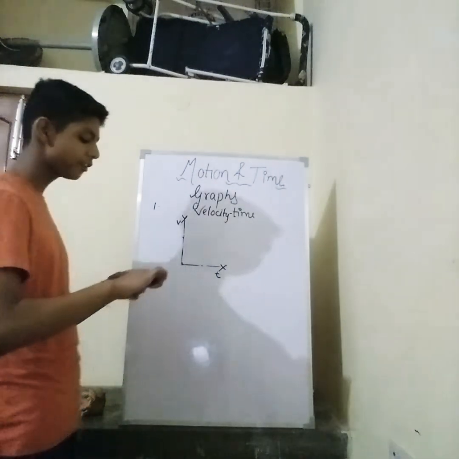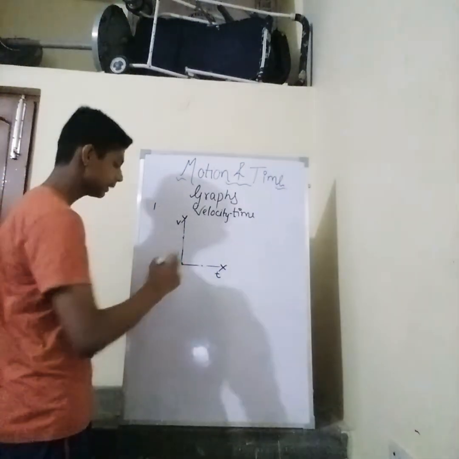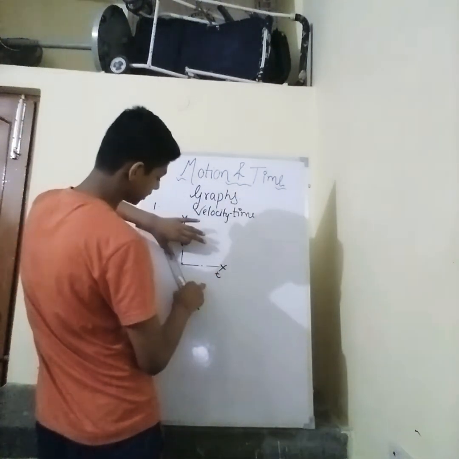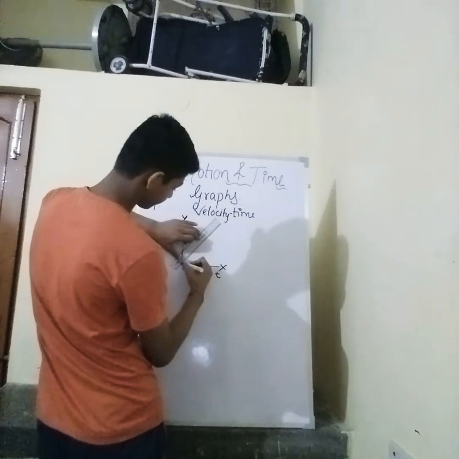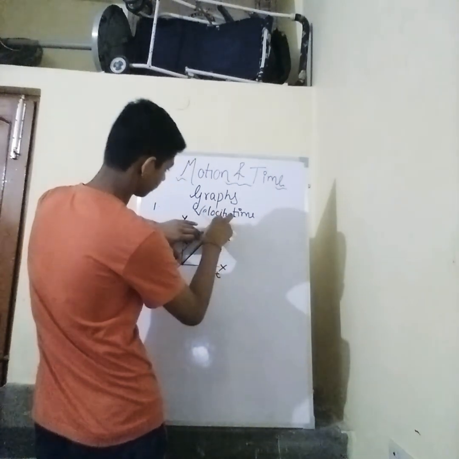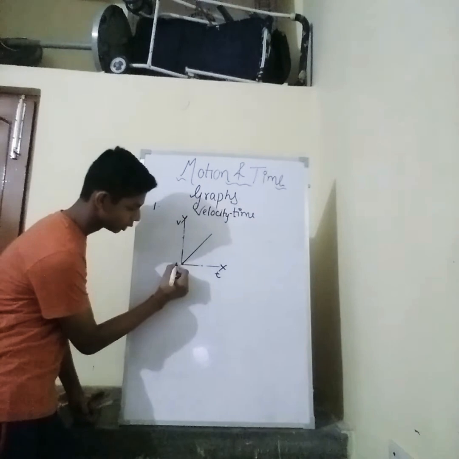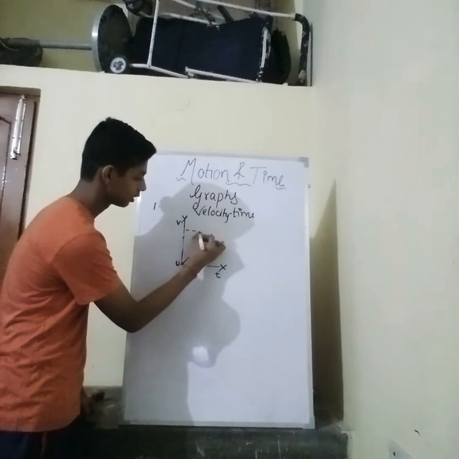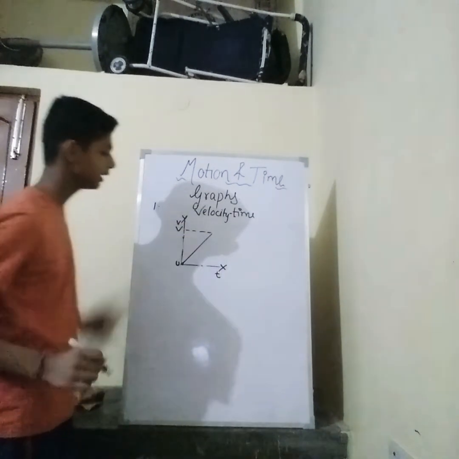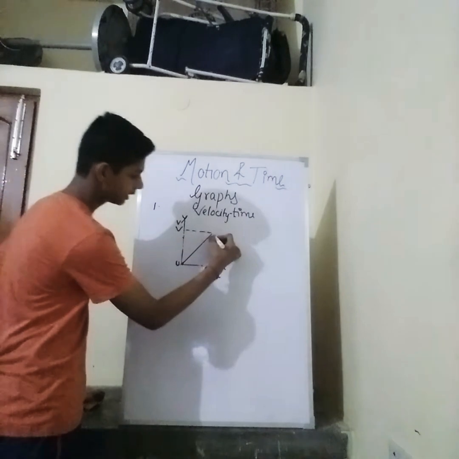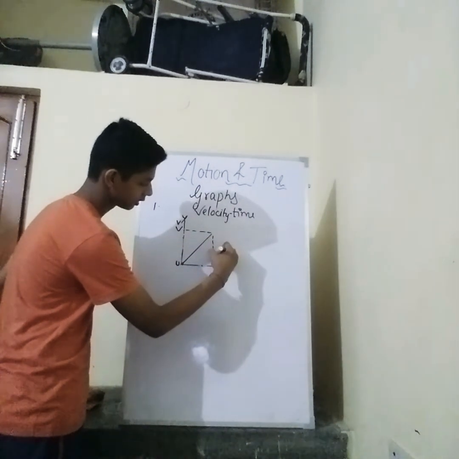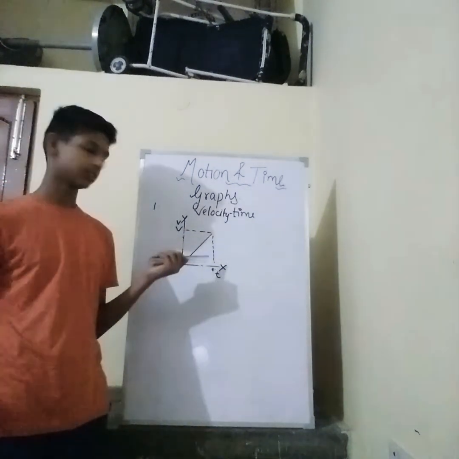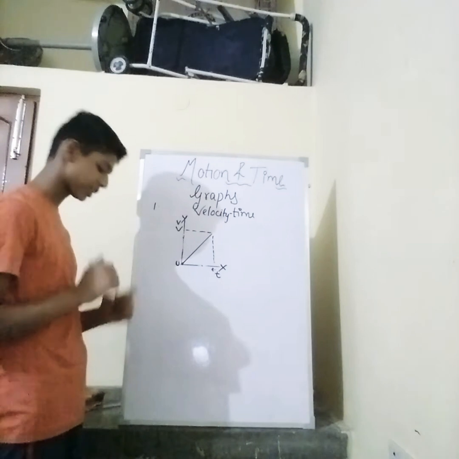That will be like a straight line in this direction. Here u, the initial velocity, is this, and the final velocity will be this, and the time will be this. This is the case of uniform acceleration.